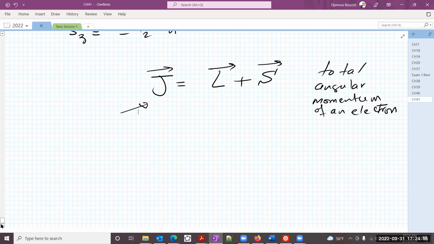You are sitting on it. The same thing, for example, when we are sitting here on Earth, we see the sun rise from the east and go to the west, day in, day out. So for us, we assume that the sun is moving and moving in a circular path. So because the sun is moving in a circular path, I can calculate its magnetic dipole moment. In this case, because it's a proton, it has a charge moving around the electron, and that will create a magnetic field in the location where the electron is.